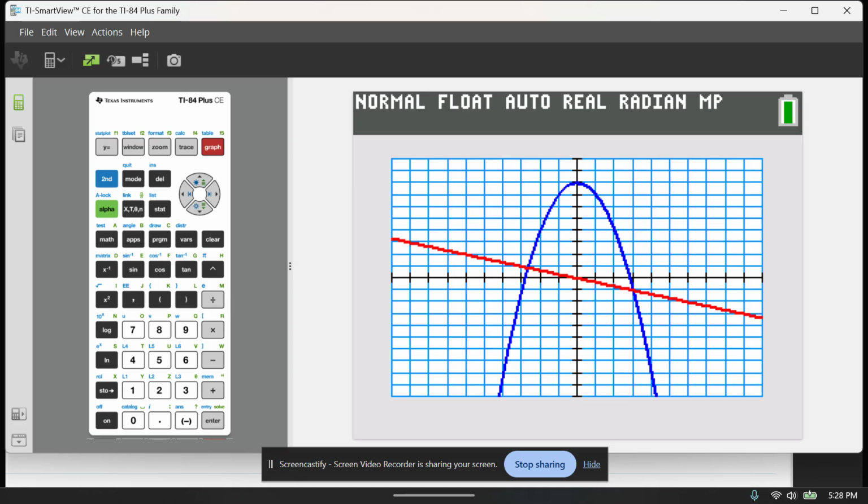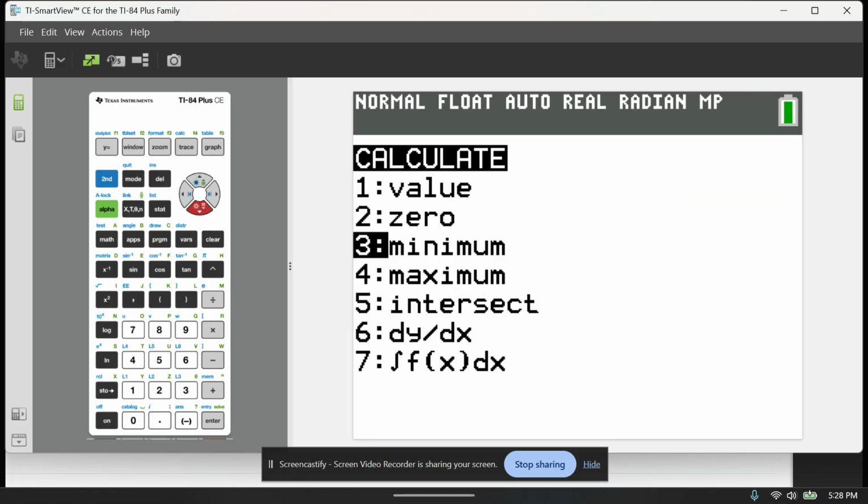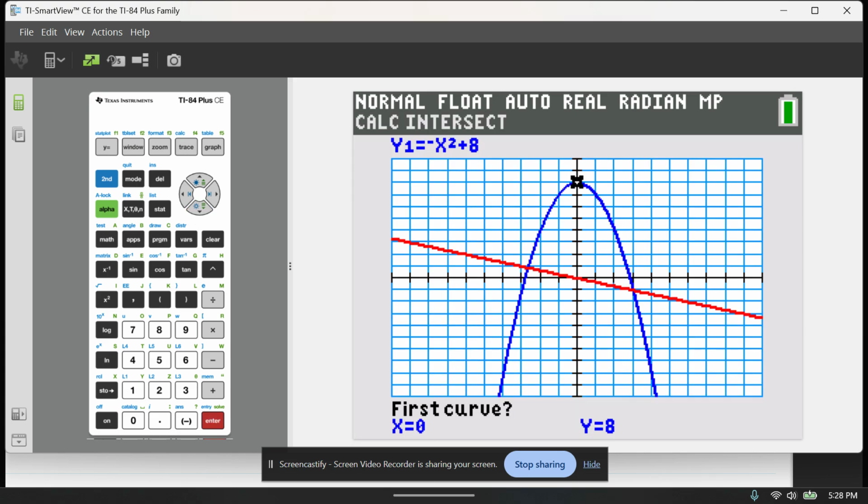So what do I press to find those intersections? Second trace, go down there to intersect. What do I do for first curve? Enter. Second curve. Now, on the guess, where do I go? Whichever one you want to find first. It doesn't matter. I'm going to go to that left one first. I'm left-handed, so that's where I go first usually.